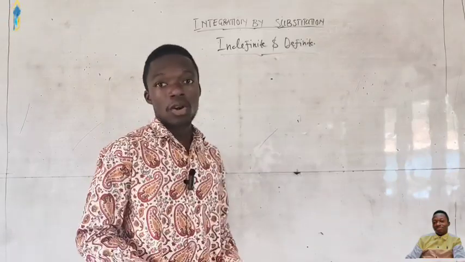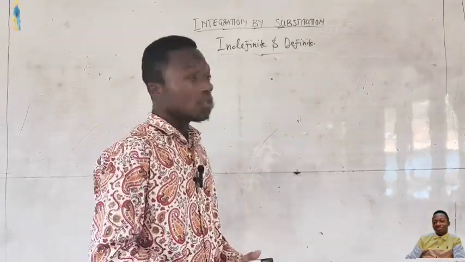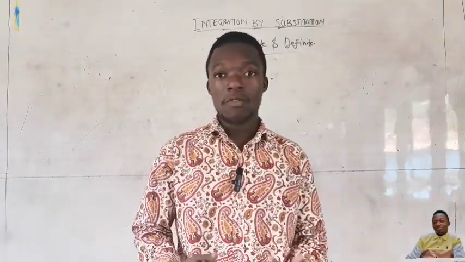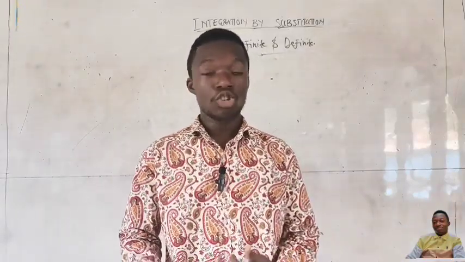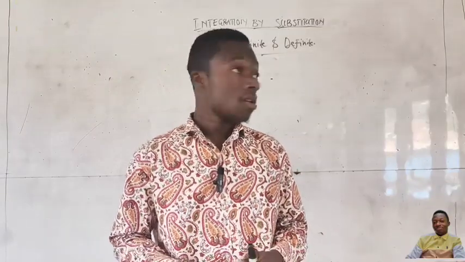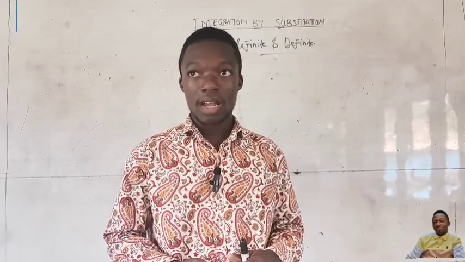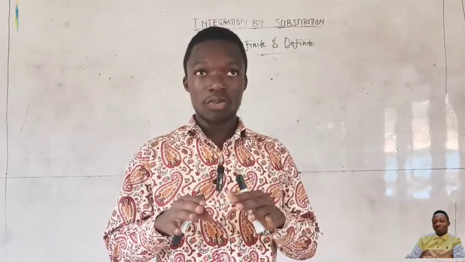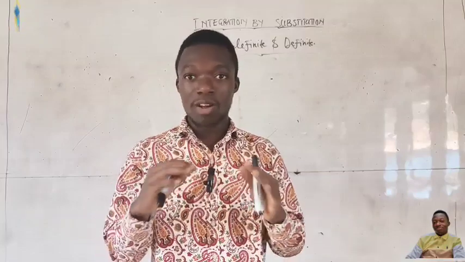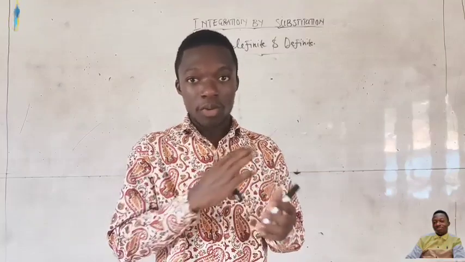When it comes to integration by substitution, there are times where the form upon which you should integrate may not be straightforward. Where it is not straightforward to integrate a particular function, you go by substitution.